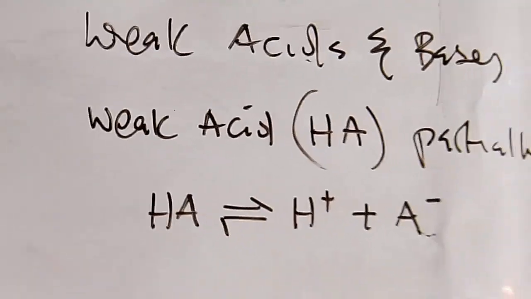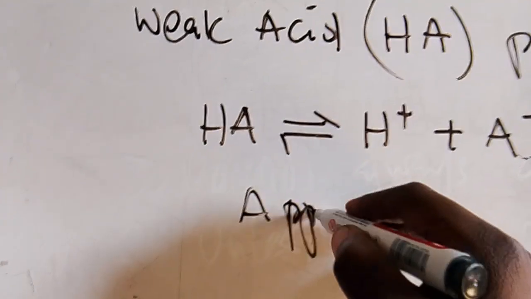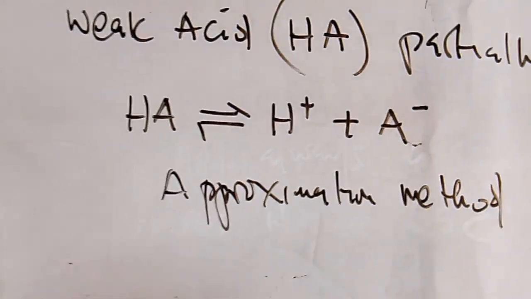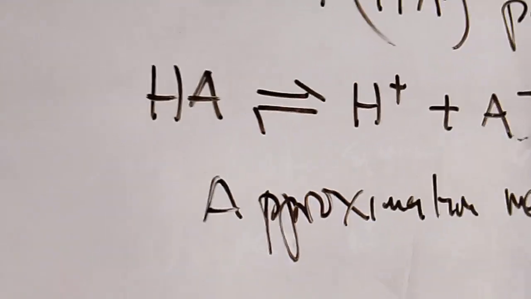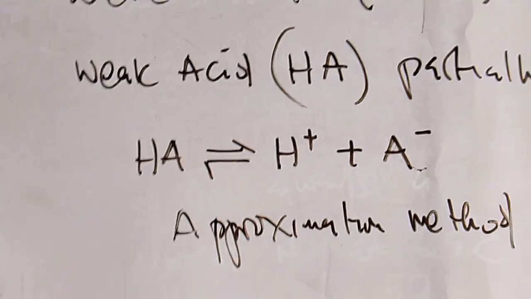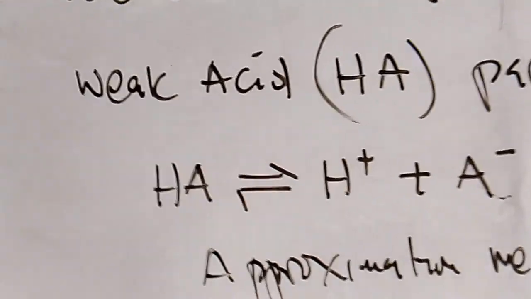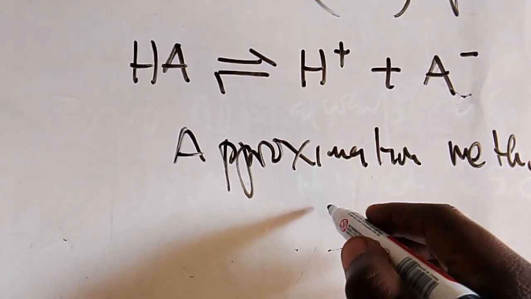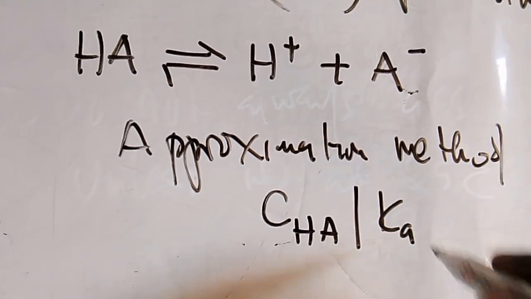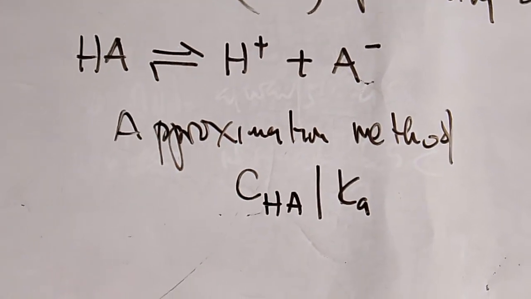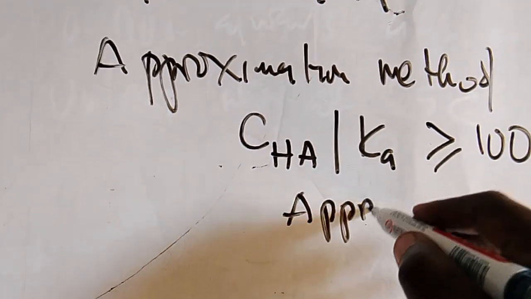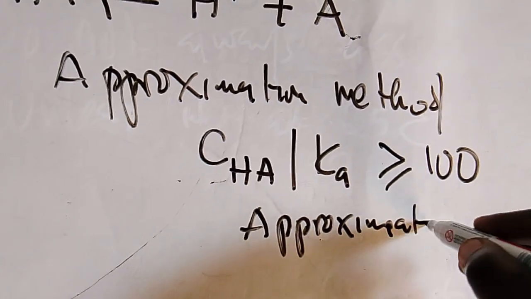Okay, so how can we calculate the pH of a weak acid? We use the approximation method. For this approximation method, we are going to compare the concentration of the acid over Ka. If it is greater than or equal to 100, it means the approximation is valid.